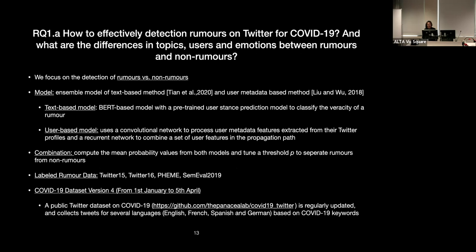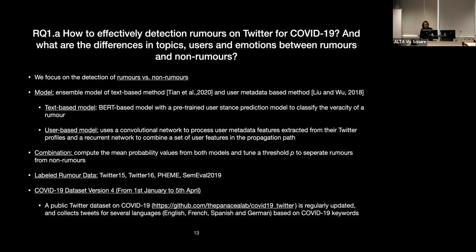The first part is how to effectively detect rumors on Twitter for COVID-19, and what the differences are between rumors and non-rumors in terms of topics, users and emotions. For this work, we do a binary classification to identify rumors and non-rumors. The model we use is an ensemble model, combining a text-based and a user-based model.